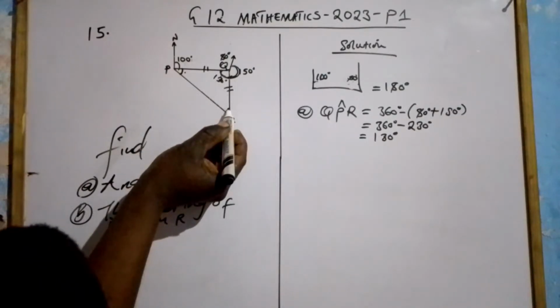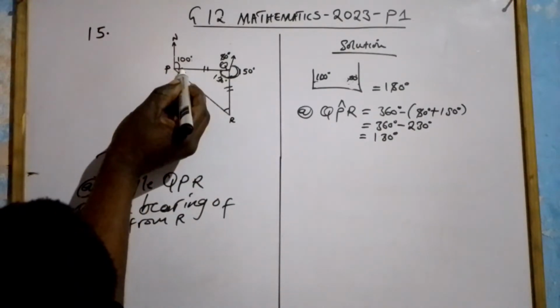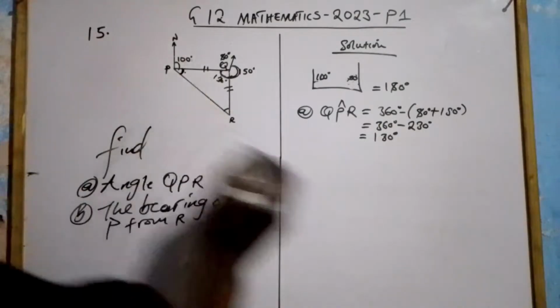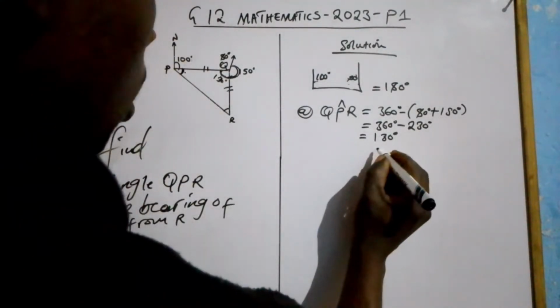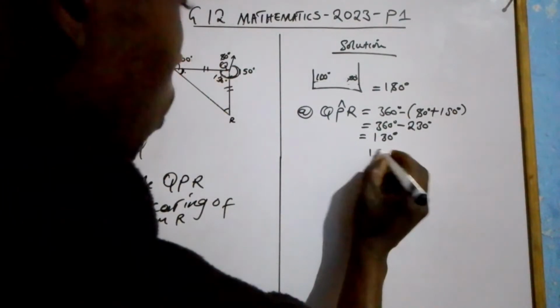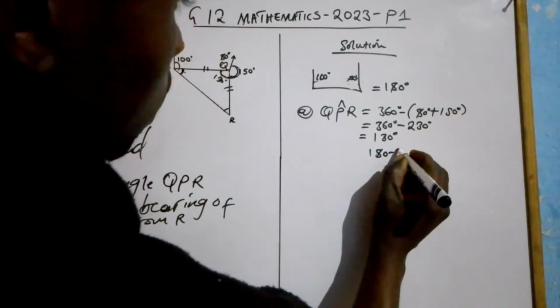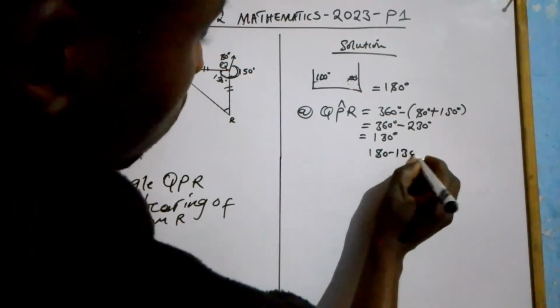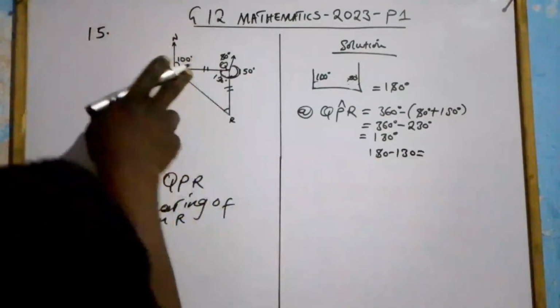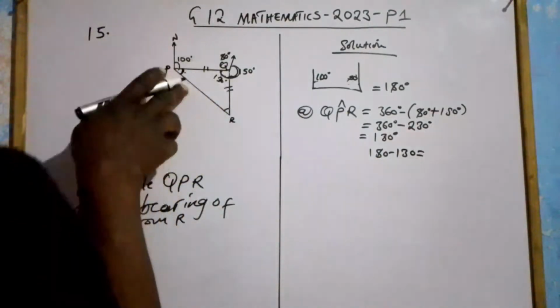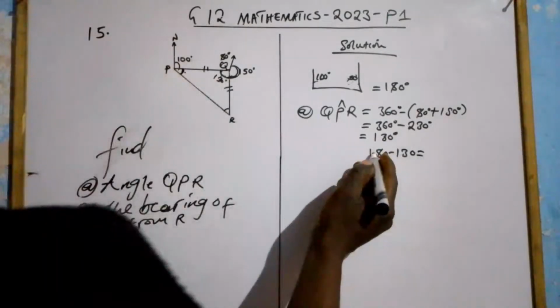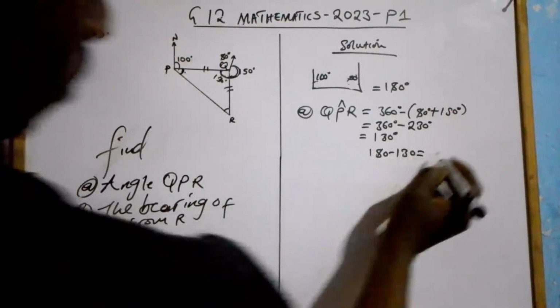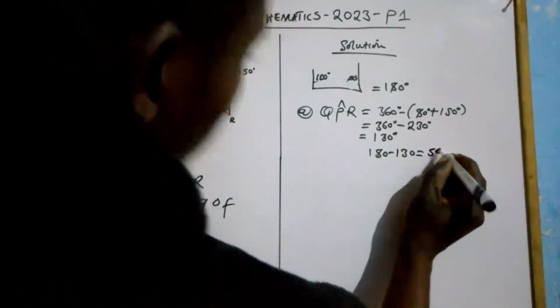Since they are saying the angle which is here is equal to this angle here, we are going to say 180 minus 130, which should be equal to 50, because angles in a triangle add up to 180.